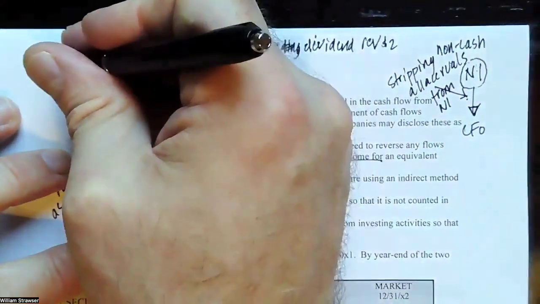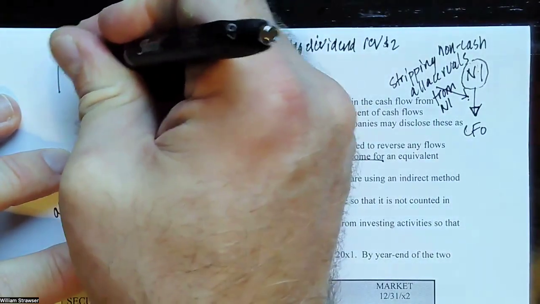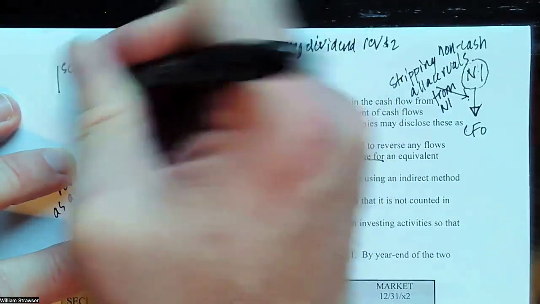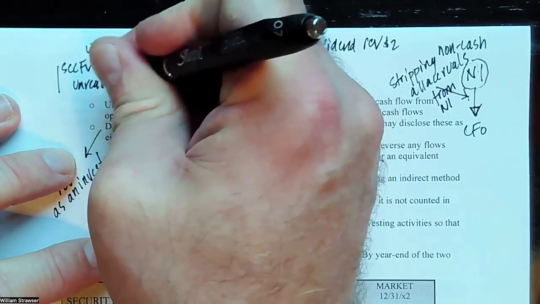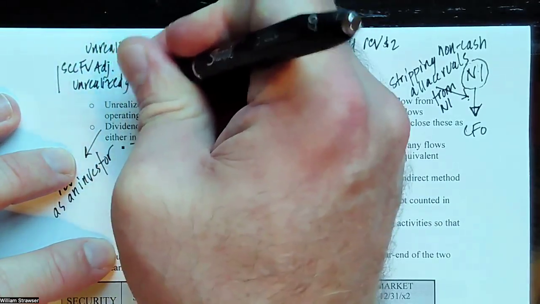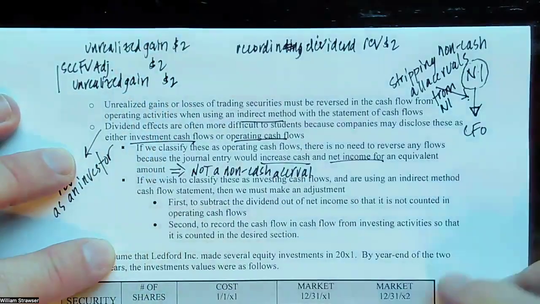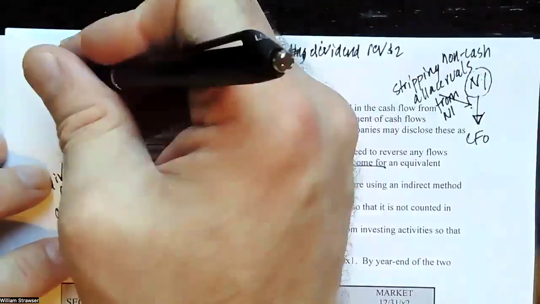The unrealized gain is going to debit security fair value adjustment and also credit unrealized gain. And this is how we would recognize a $2 appreciation in the price of our insignificant influence investment.